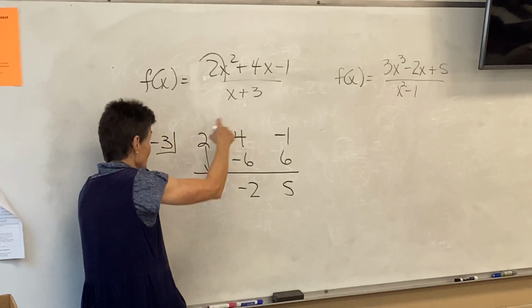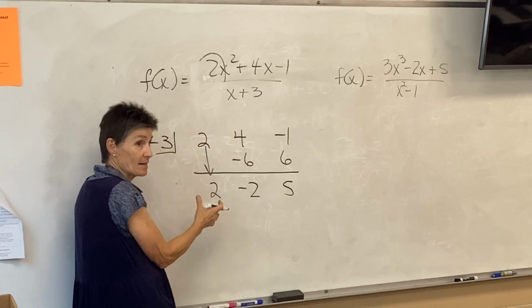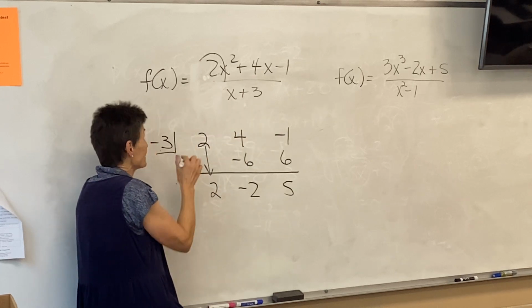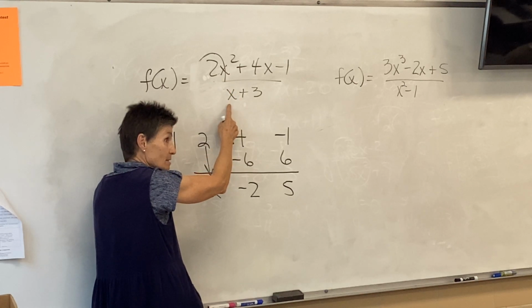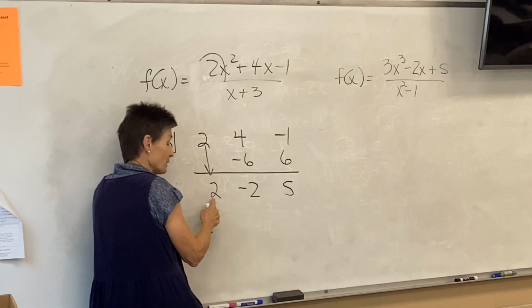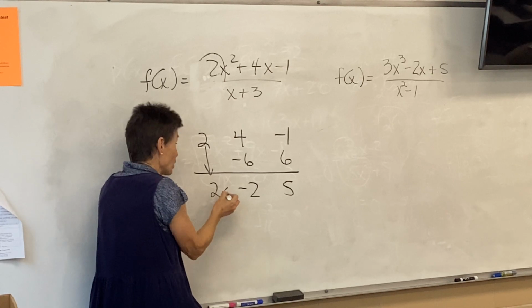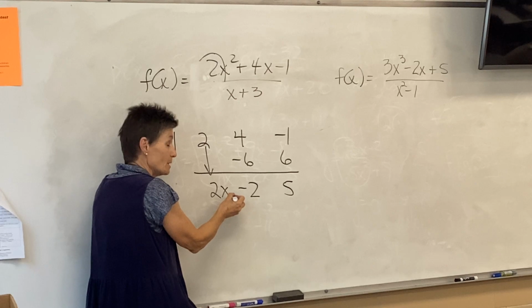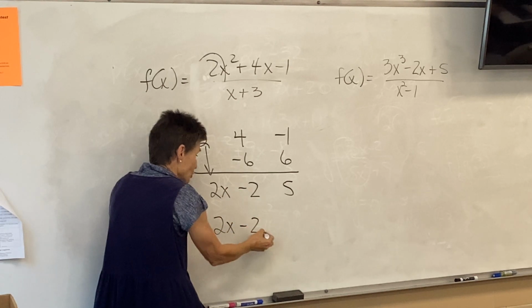Now, what does this mean? Well, remember to do all this, we took out the letters. Now we gotta put them back in to get the answer. We put them back in. But since we divided a 2x squared by an x, guess what this first power is? It's not x squared anymore. It is just x. So what I have left here is 2x minus 2.